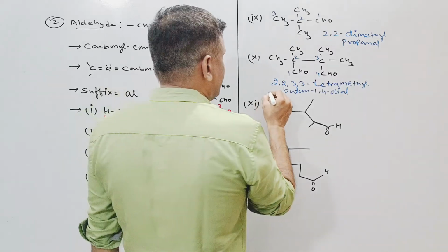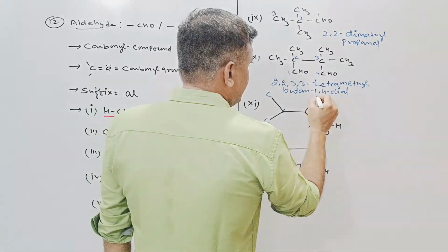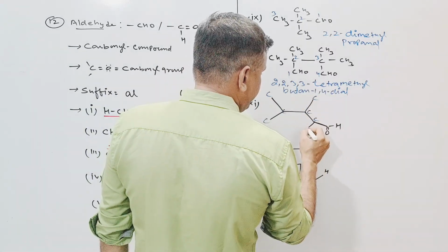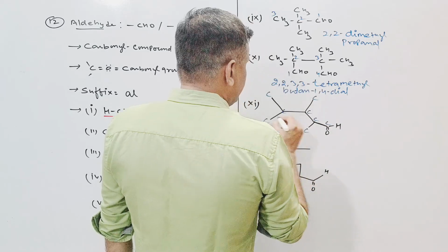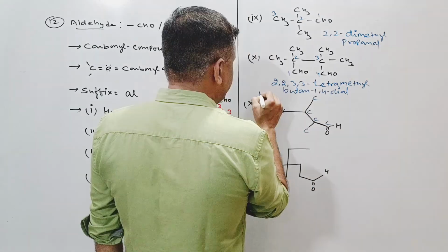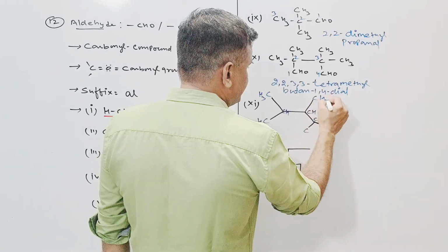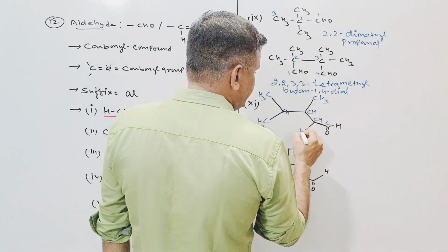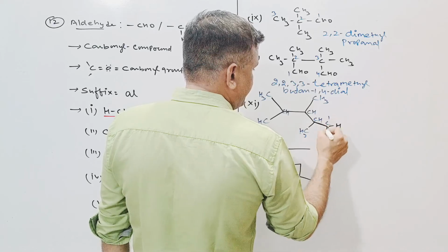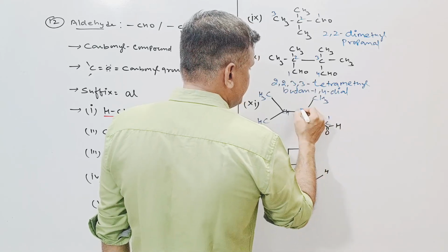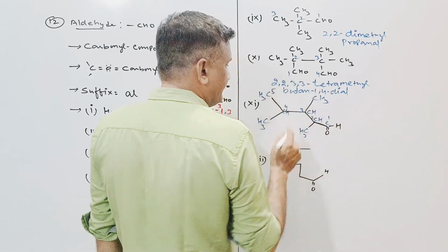If I go with the further bond line structure, then here will be the carbon atoms like this. Balancing will be CH3, this is the H, this is the CH3, this is the CH3. Counting from this side 1, 2, 3, 4 and 5.